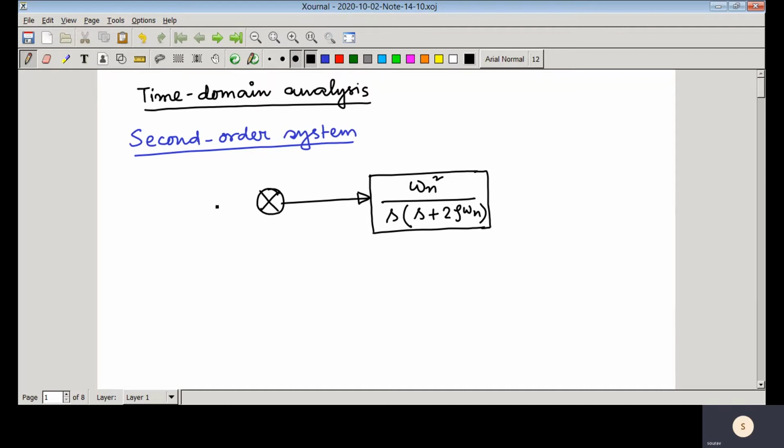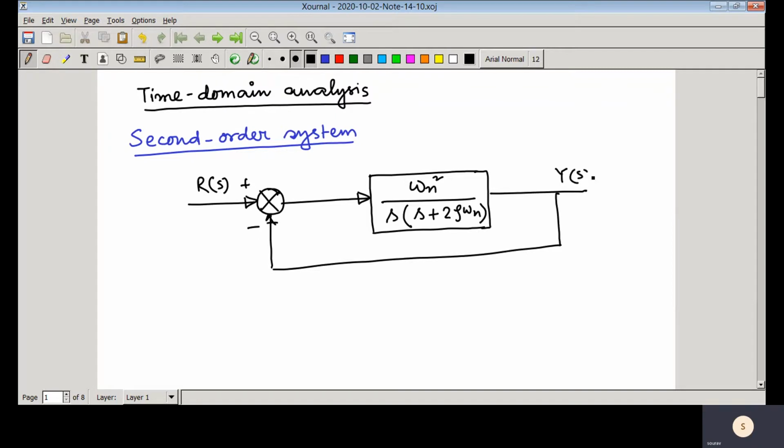This is the comparator and we have the reference command. Whenever we take negative feedback, we have this output.